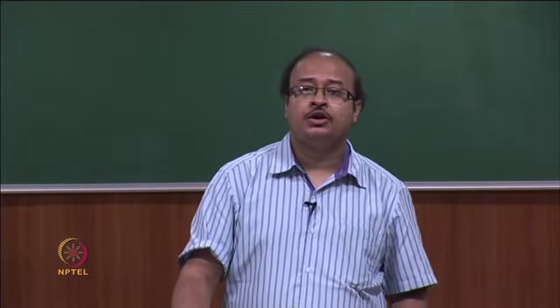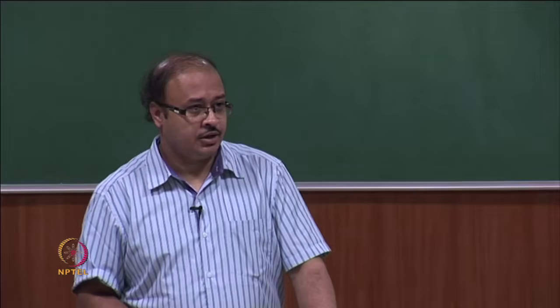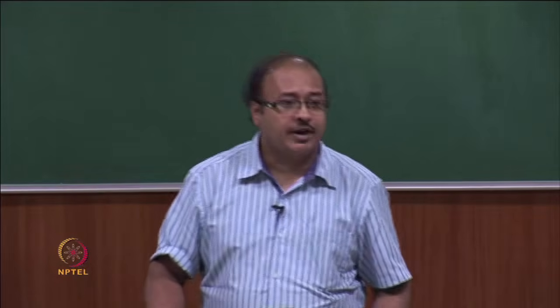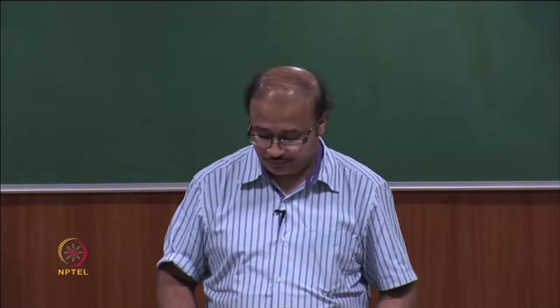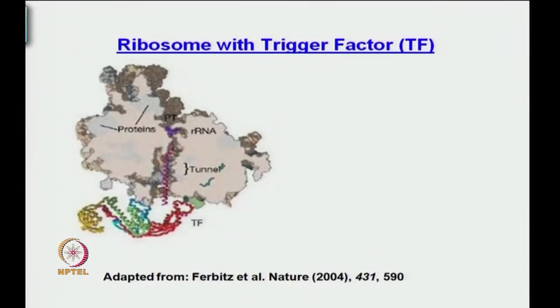Let us see. So, the next topic of discussion is the trigger factor. Now, what do we mean by the trigger factor, or what does it do? Let us proceed and see. Now, you can see this is another schematic of the ribosome, right. You can see this is the tunnel, this is the PTC, and you can see this helical ribbon, this is your growing chain.